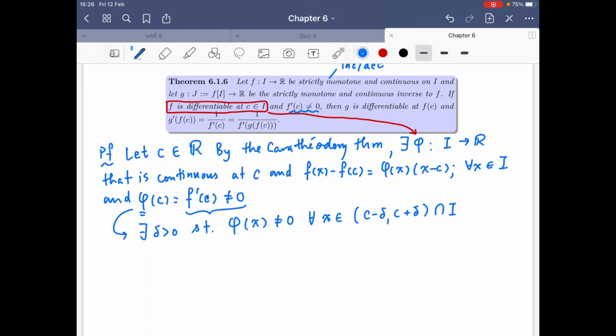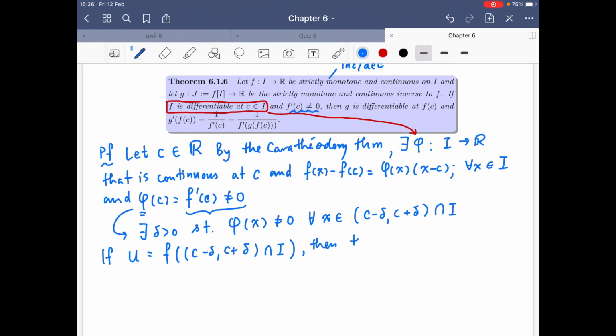So we let U be the image of this neighborhood, which is c minus delta to c plus delta, within this domain.